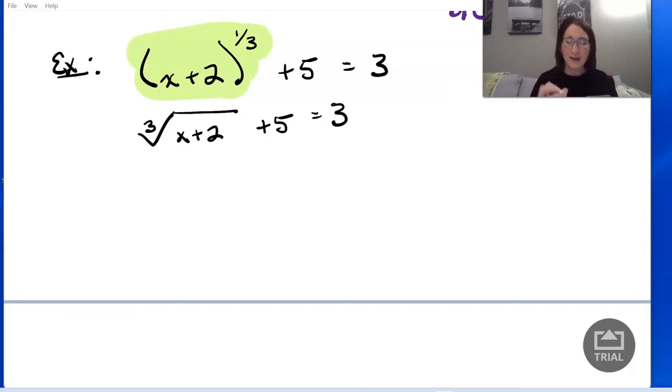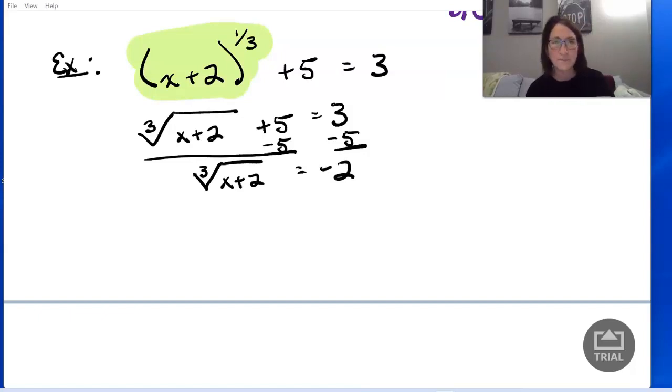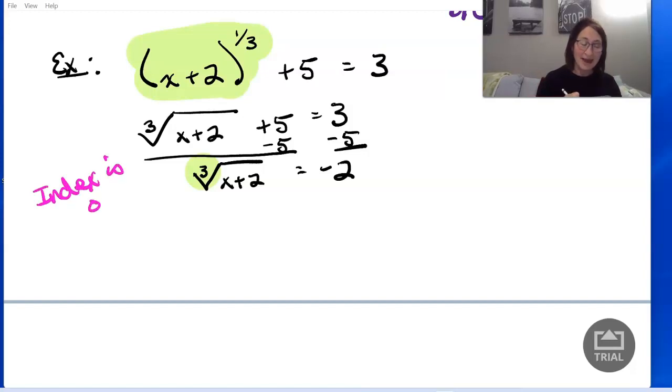Now, I'm going to subtract 5 from both sides so that I can isolate that radical. So I get the cube root of x plus 2 equals -2. Based on the problem we just did, we need to look at that index. In this case, our index is odd.